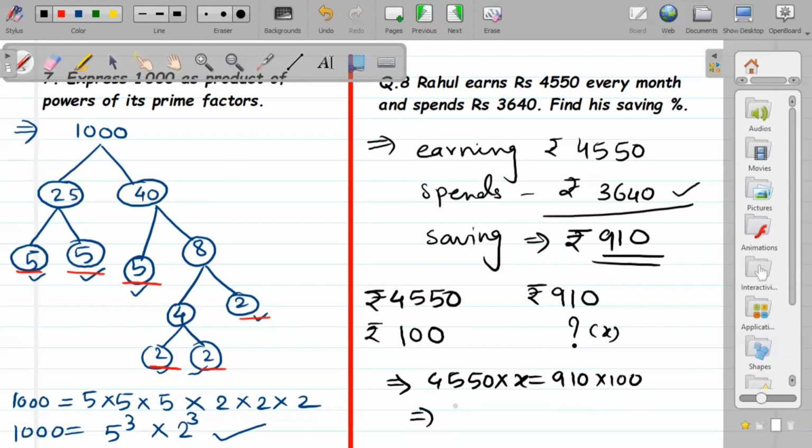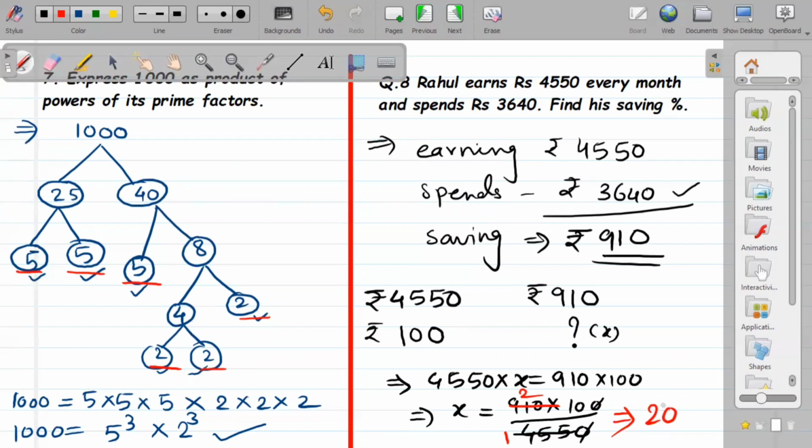So X is equal to 910 multiplied by 100 divided by 4550. Now this 0 cancels, this 0 cancels. If you know the table, 455 1s are 455, 455 2s are 910. So this is 2 and this is 10. So it is nothing but 20.